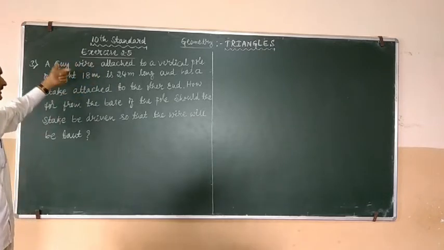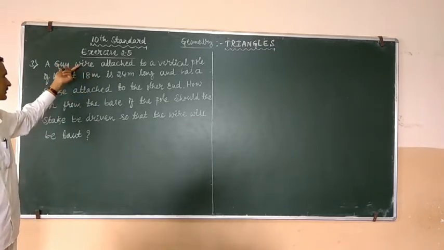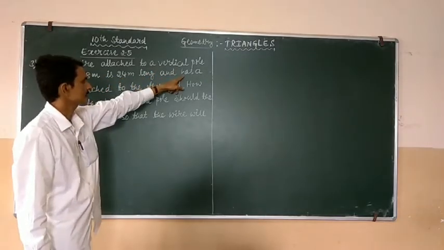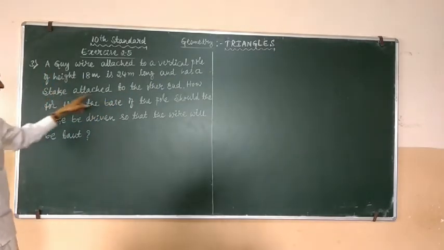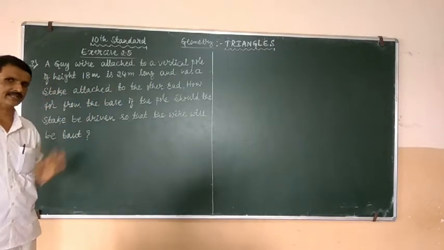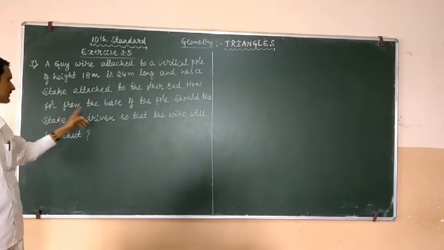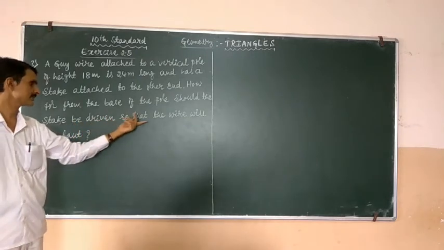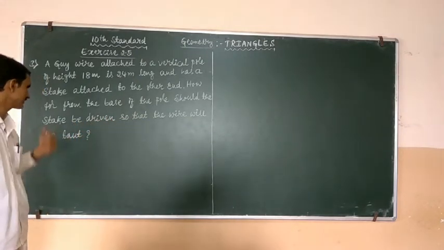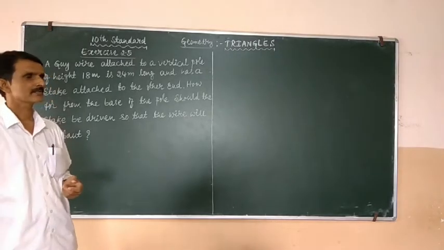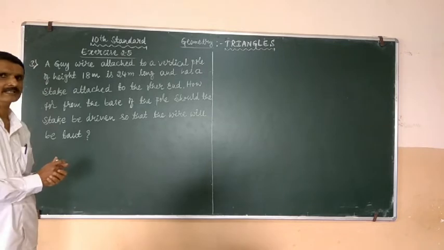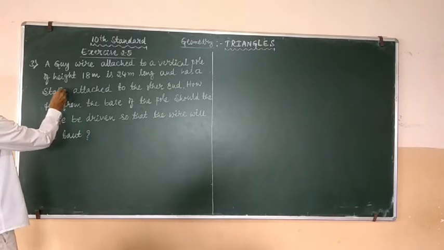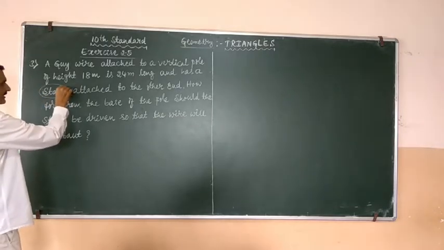The next part of the problem: it has a stake attached to the other end. How far from the base of the pole should the stake be driven so that the wire will be taut? That means the wire is attached with the stake.